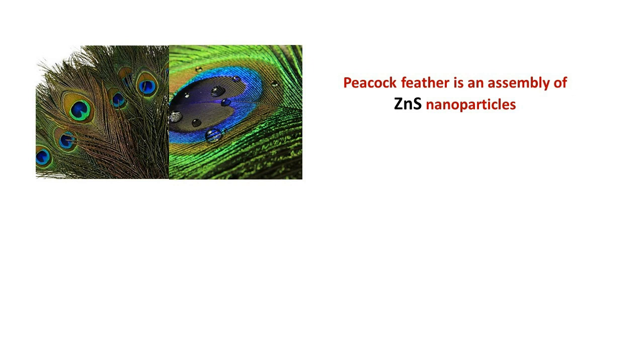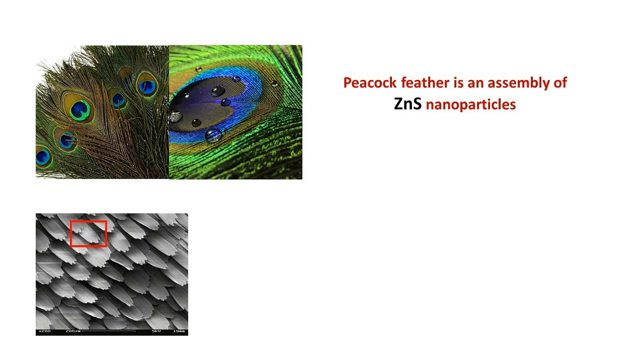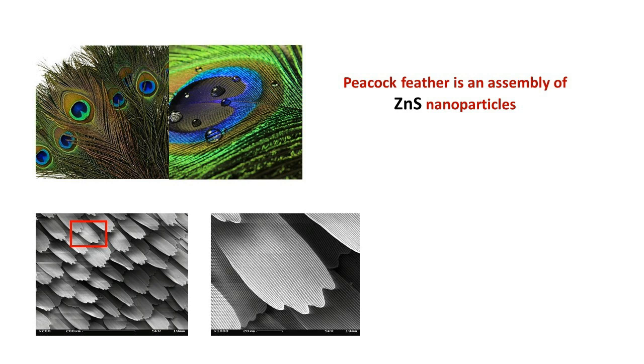It is discovered now that peacock feather is a composition of zinc sulfide nanoparticle. Using electron microscope, if you see the close look of the peacock feather, it will appear like this. Now, if we magnify further a portion of it, you will get this image.